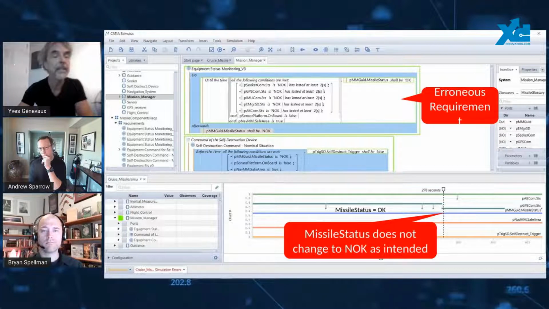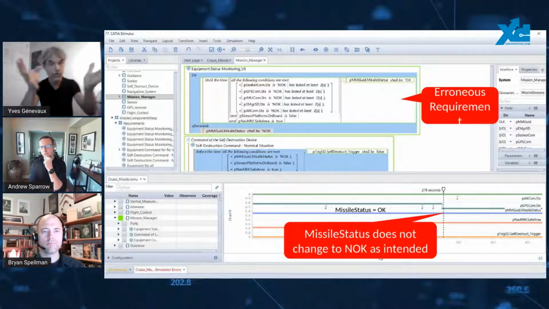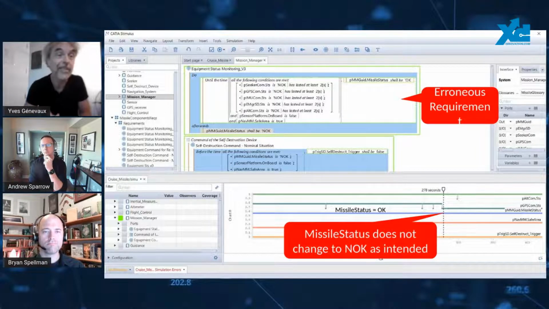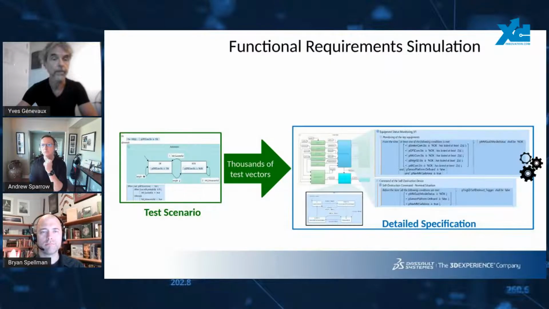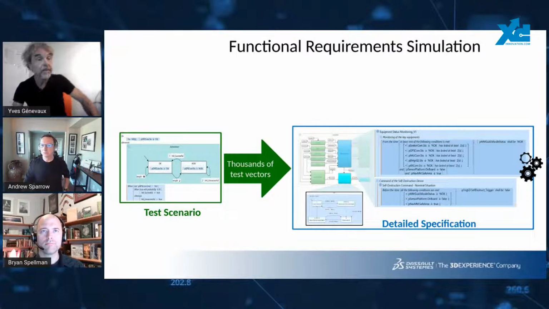And when you look at the curves, you see the green curve, the GPS becomes NOK permanently at a given point, but the blue line, which is the missile status, stays OK. So you don't get the behavior you intended because what you wrote contained mistakes. And that is really extremely common, actually. And having a tool to find these mistakes is a necessity, actually.